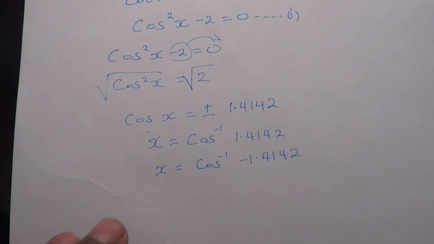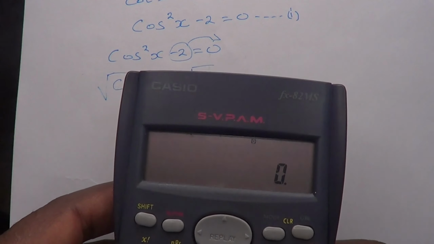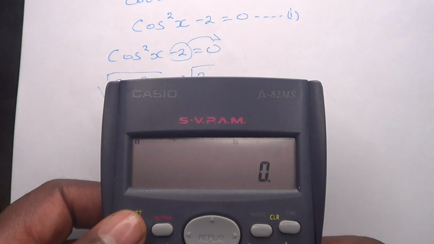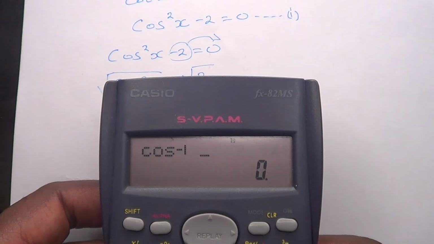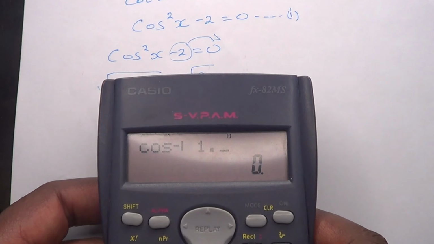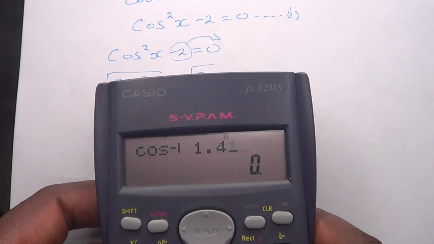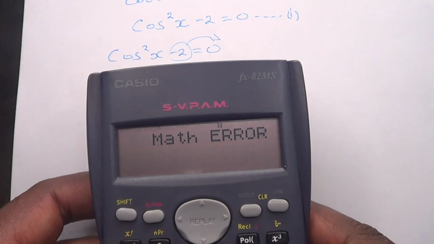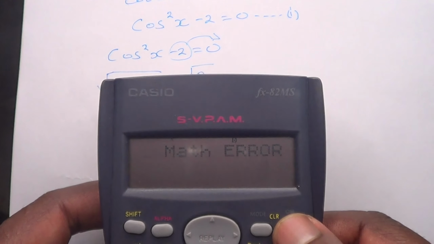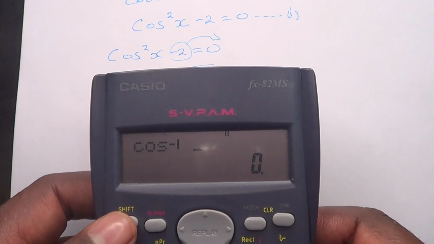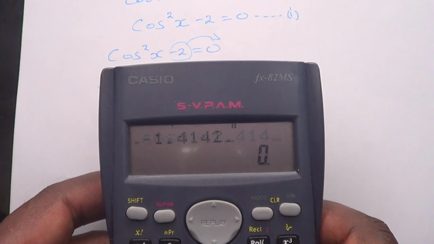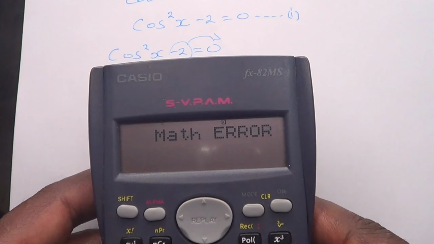It will give you what we call a math error, because if you press the cos inverse of positive 1.4142, you see there it tells you math error. When I also press the negative 1.4142, it tells me math error.